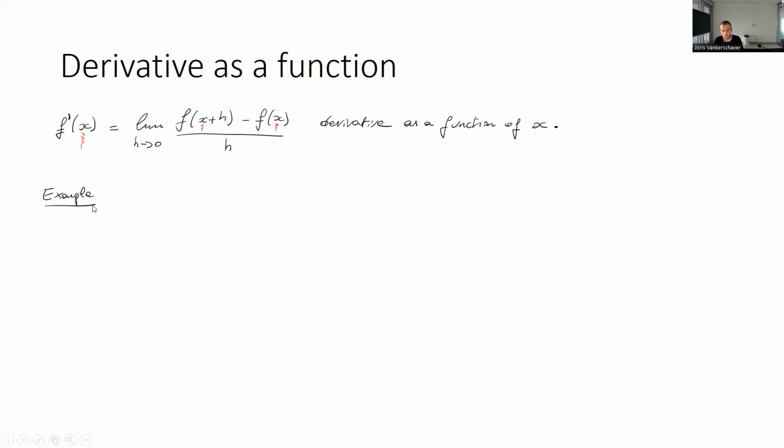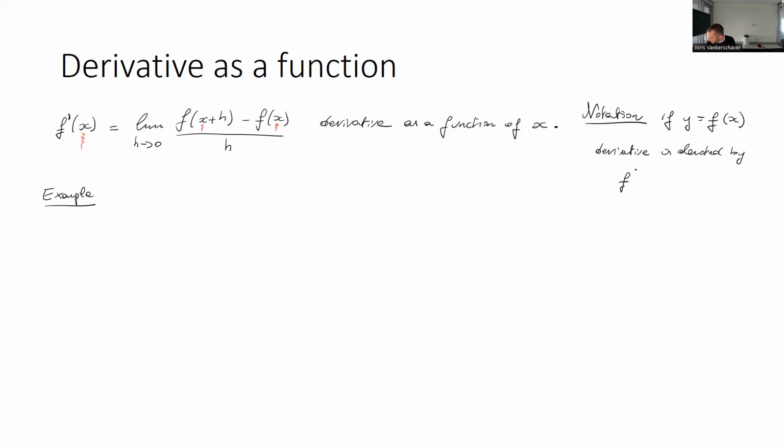But before we do that, let me also introduce a little bit more notation. So if we have y equal to f of x, so we have a function f of x, and we call that y, then we'll use the following notations for the derivative.